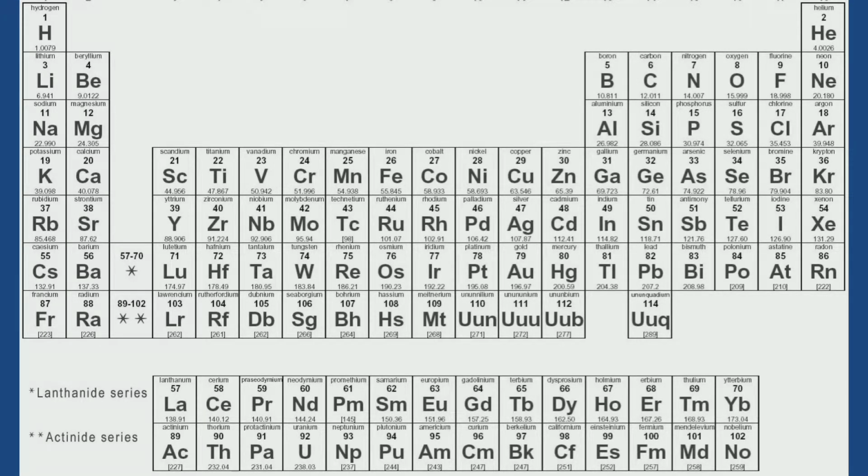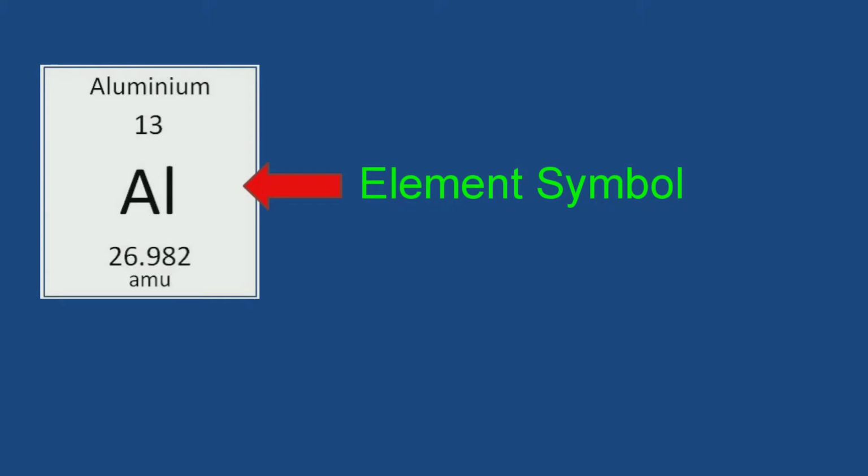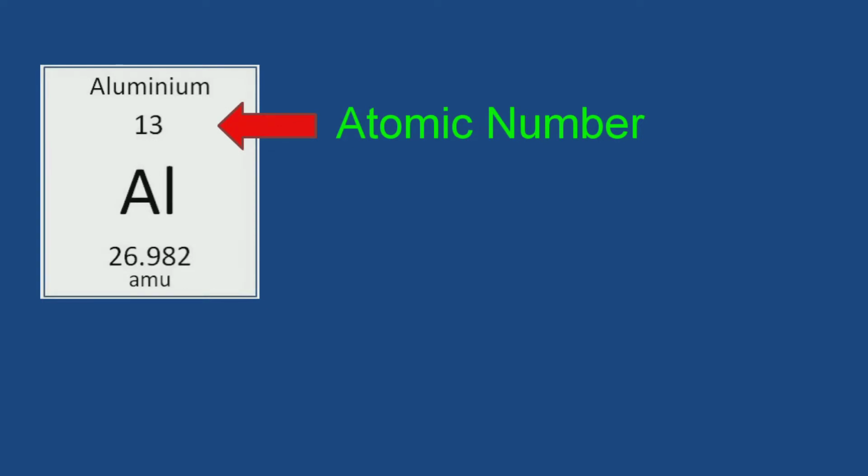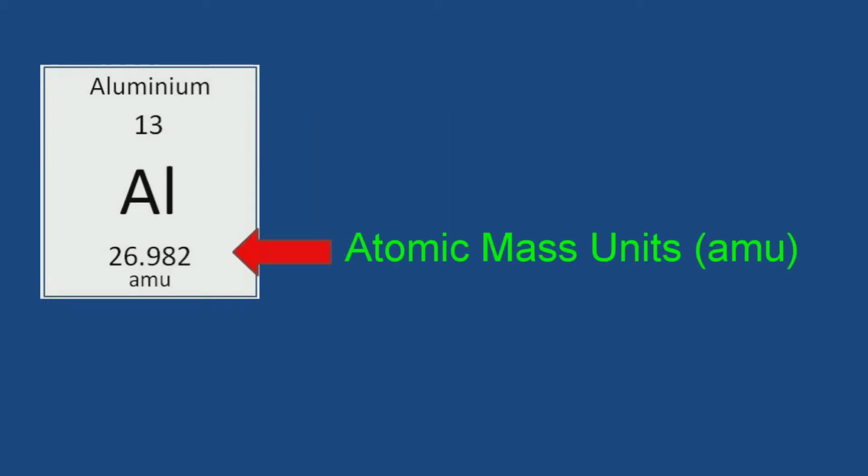Let's try one more. This time, let's select the element aluminum. The element symbol is capital A, small l. The atomic number is 13, so there will be 13 protons in the nucleus of every aluminum atom, and the atomic mass unit number is 26.982.